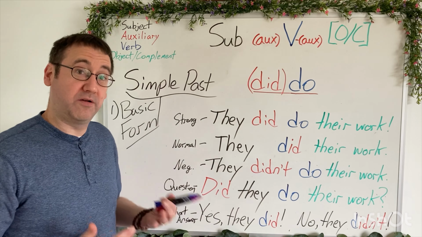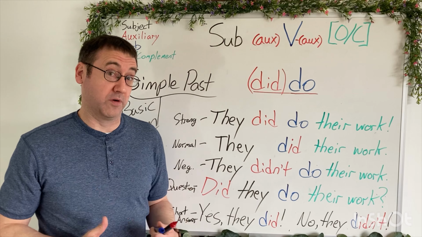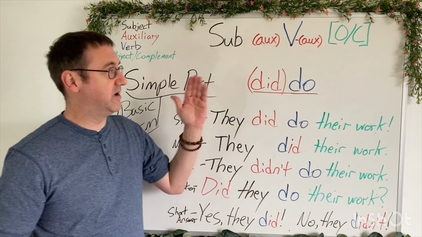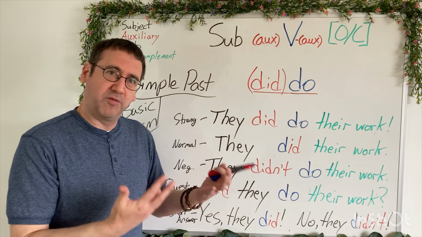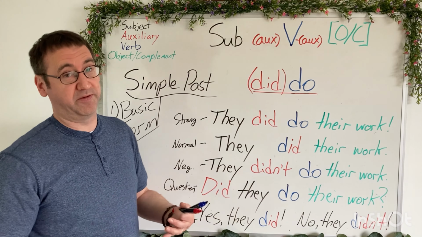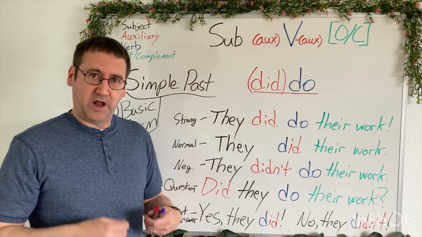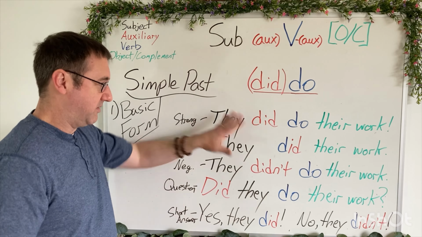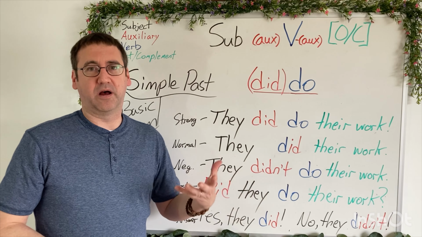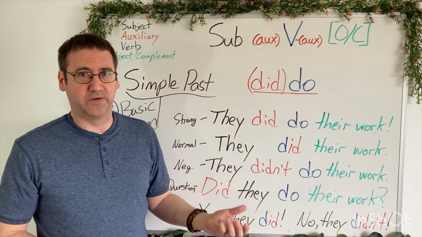Okay, so now let's talk about the basic form of simple past, or did do. Now, I know I said I was going to talk about meaning a little bit later in the episode, and that's still true, but I would like to just mention the meaning here, so that when we go through this, it'll be a little more clear for you.